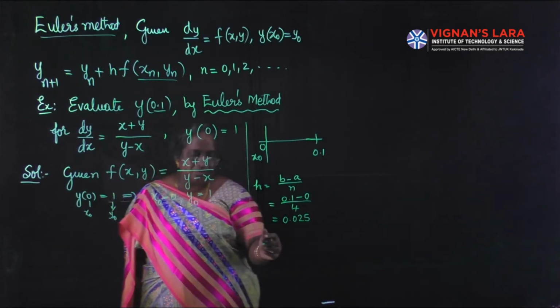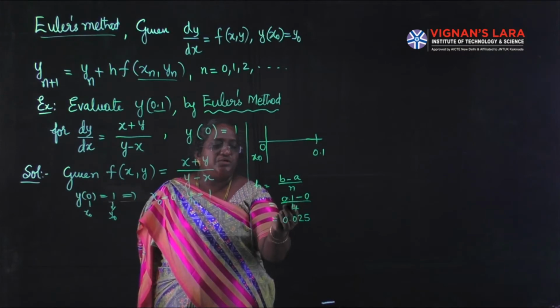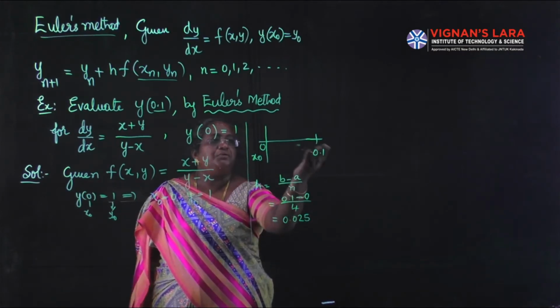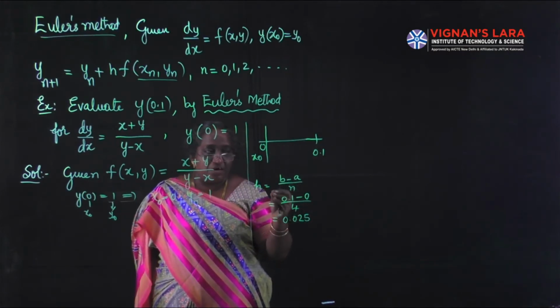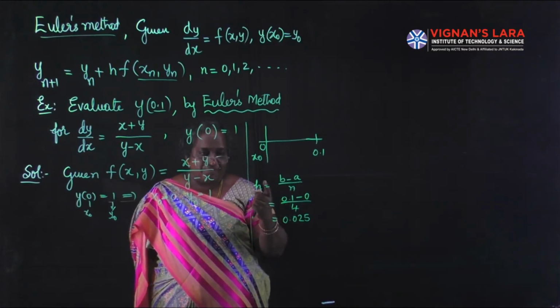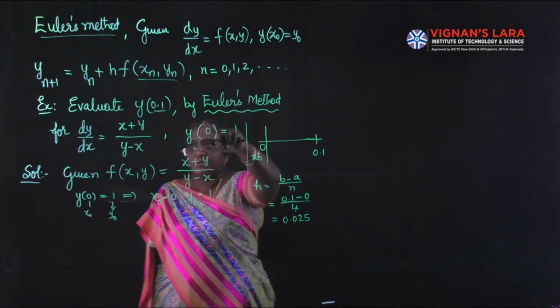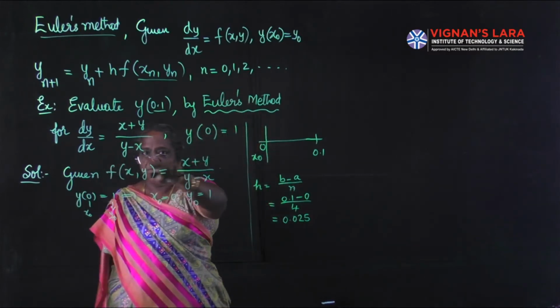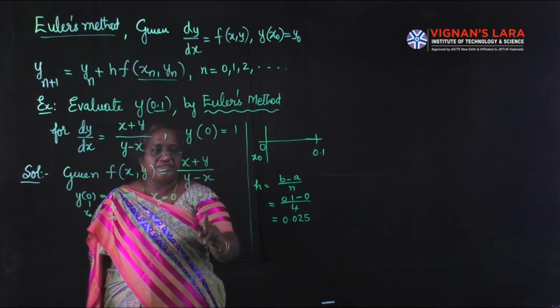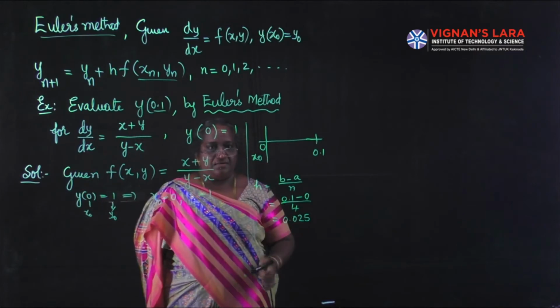If you take n as 2, you will get h as 0.05. Then only two iterations you are performing, and whatever numerical method we are applying for a first order first degree differential equation, the answer we get should be very close to the theoretical answer.